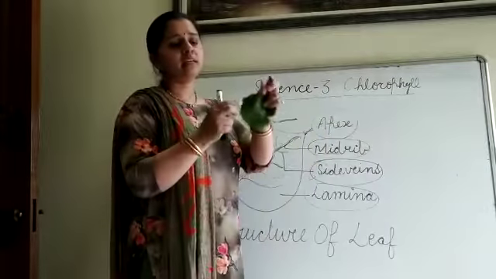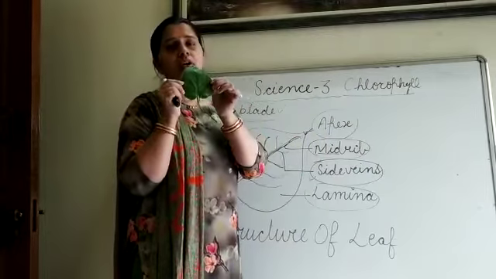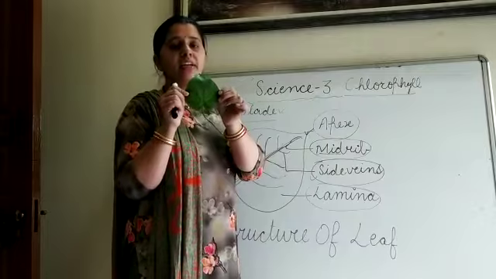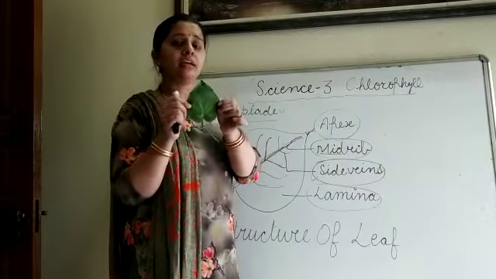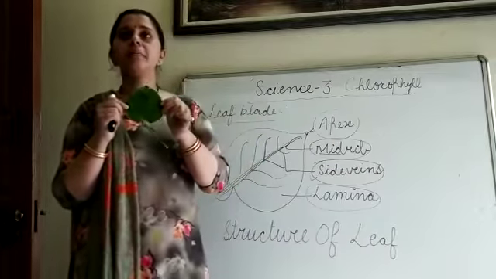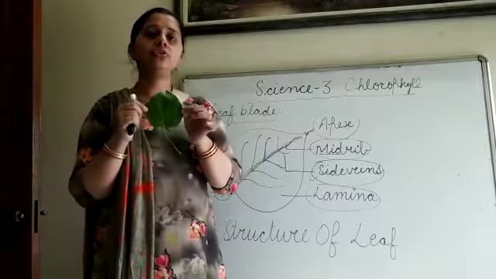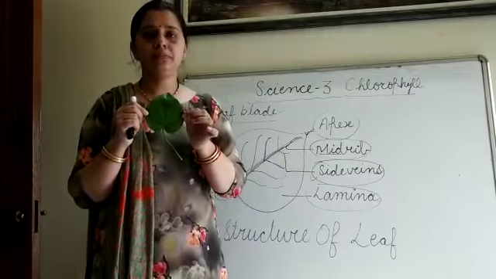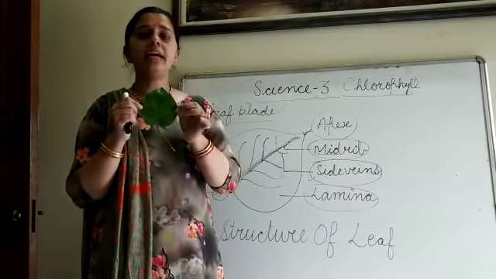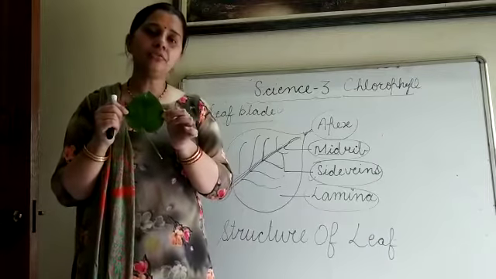CHLOROPHYLL. So this green part is called chlorophyll. The green pigment is called chlorophyll, and this green pigment is helpful to make food. This green pigment helps the leaf to make food.